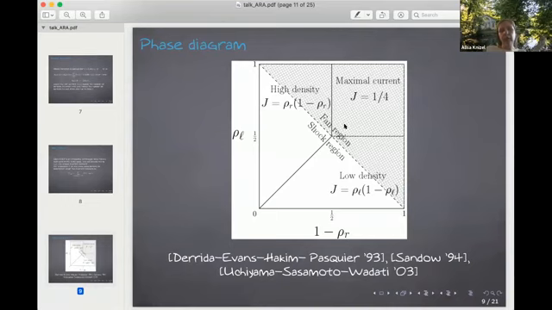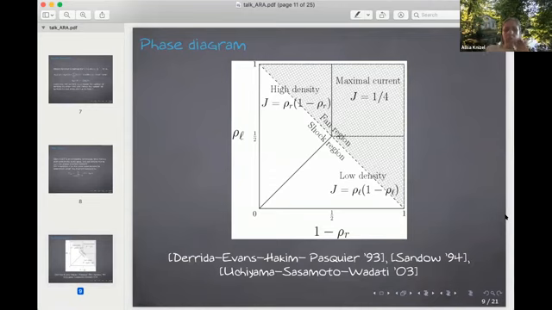So there are these 3 phases of this diagram, and J here is written in terms of 2 parameters, rho_L and rho_R, which physically represent the densities of particles at the left edge and the right edge of the system. These parameters can be explicitly written in terms of alpha, beta, gamma, delta, q, but the formulas are quite complicated. So this is the diagram that was obtained.